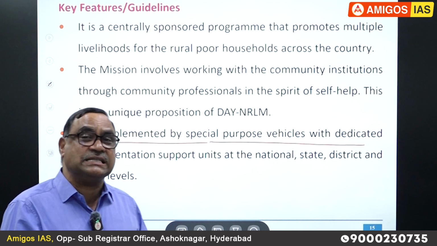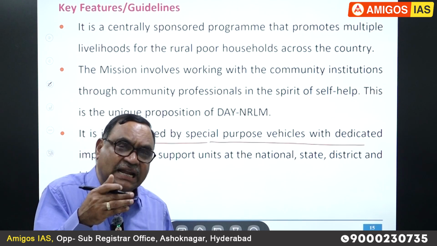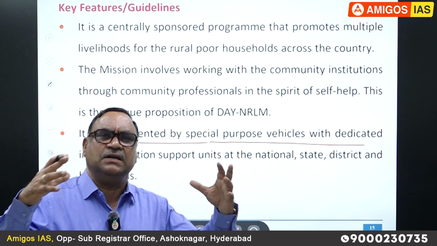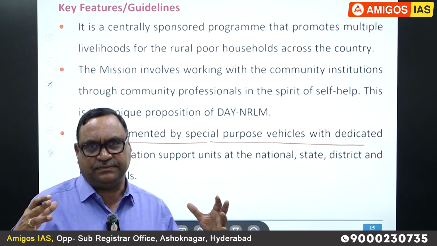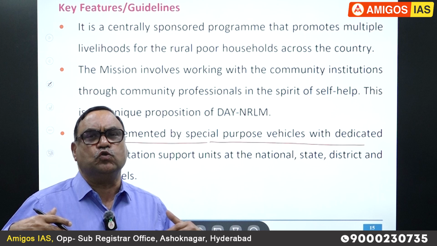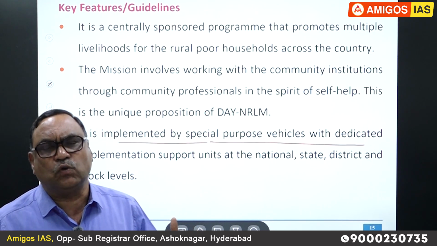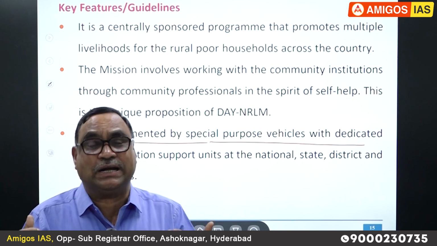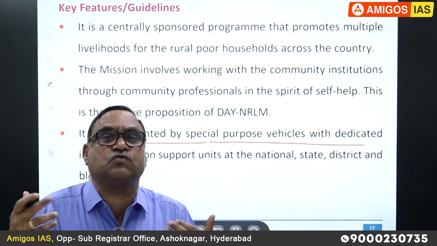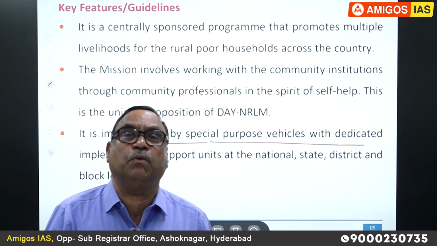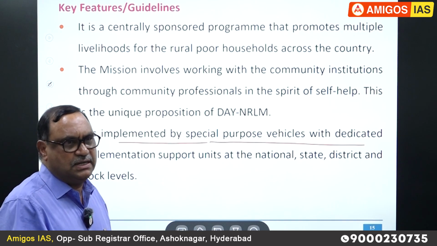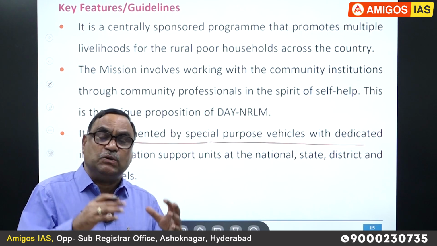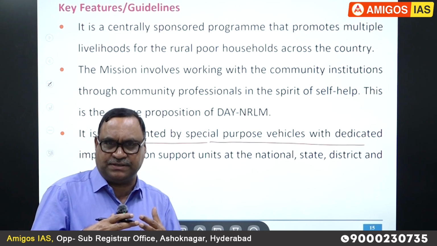These agencies provide training to the members of the self-help groups or community institutions, and through that the rural households can acquire professional skills and vocational skills, which will be useful to create self-employment in future.